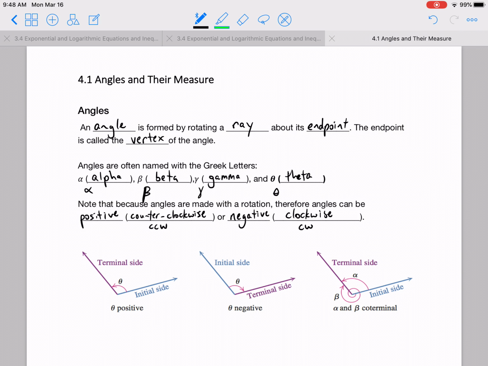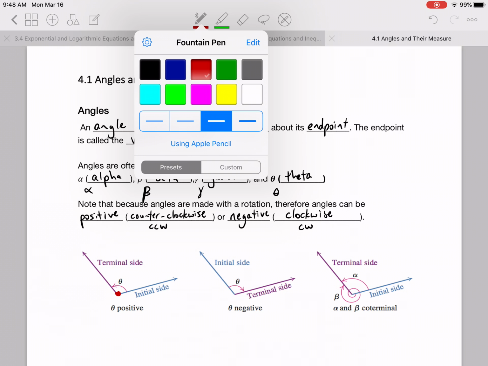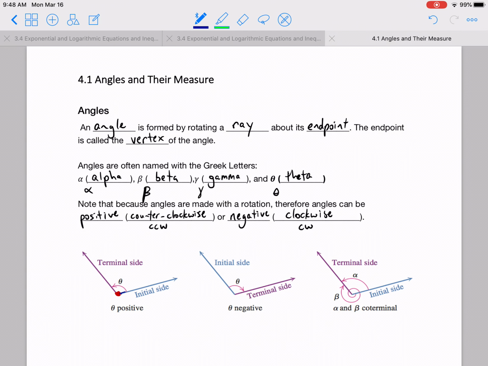What we have here is just some examples. You can see down here at the bottom the vertex, the end point, is what we rotate about. It's like our pivot point. The initial side is basically where we started before we did any of the rotations. So that's your initial side right there in that blue.